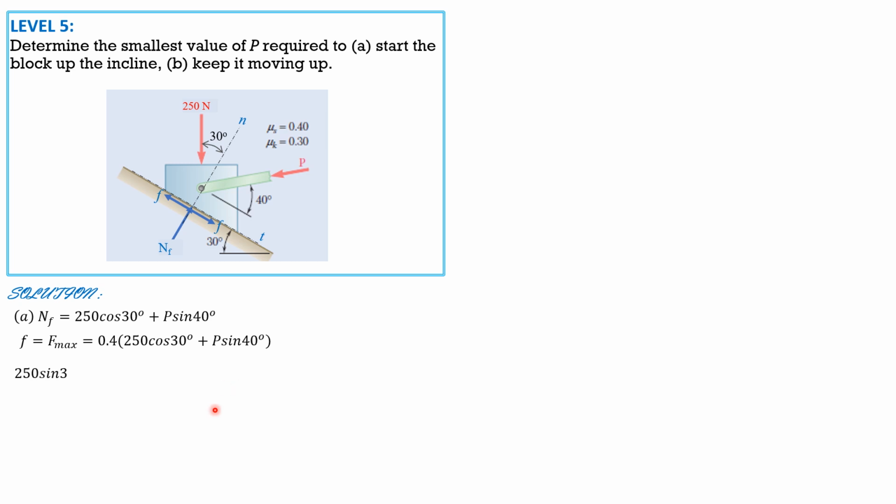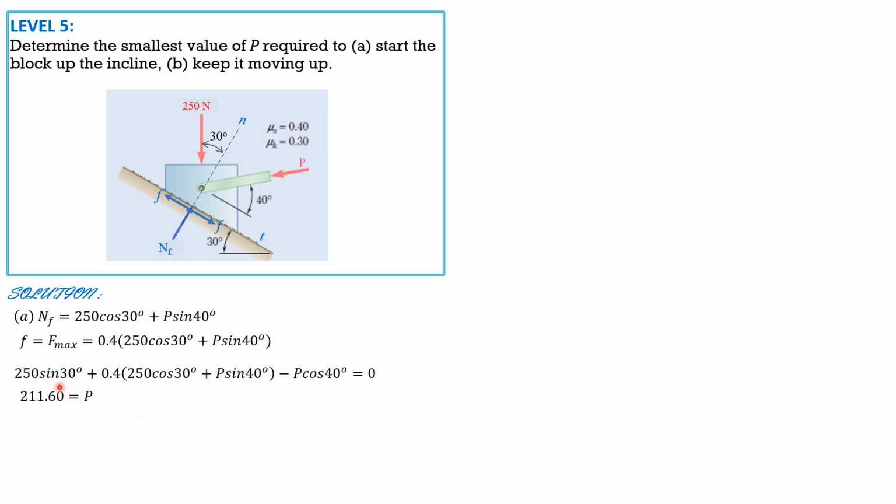Then 250 sine of 30 degrees, summation of forces tangential. Then plus F, which is this 0.4 of 250 cosine 30 plus P sine 40, then minus P cosine 40 equals 0. We equate it to 0 because the block remains in equilibrium, because the condition is the value of P required to start the block up the incline.